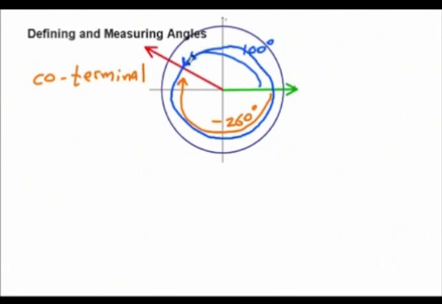So that would be a full rotation, 360 degrees, plus the original 100. So 460 degrees would be coterminal with 100 degrees. They're exactly the same angle. The measure on them is different, but where their position is after they're done is exactly the same.